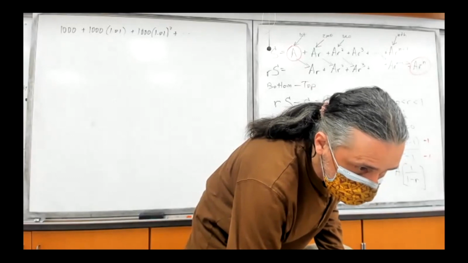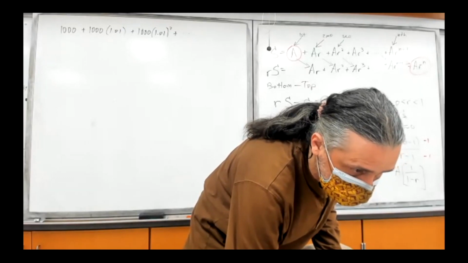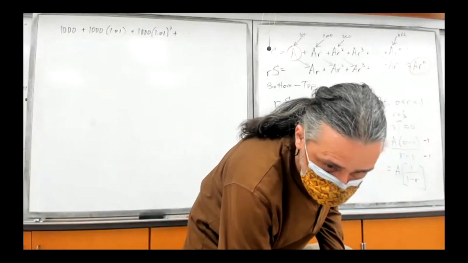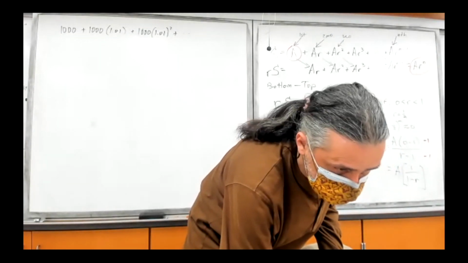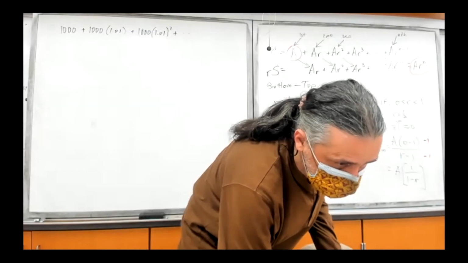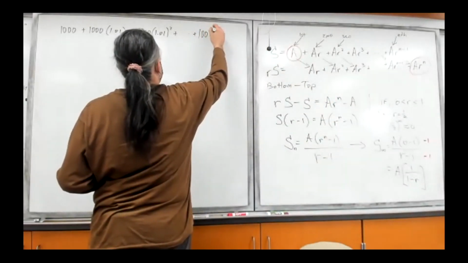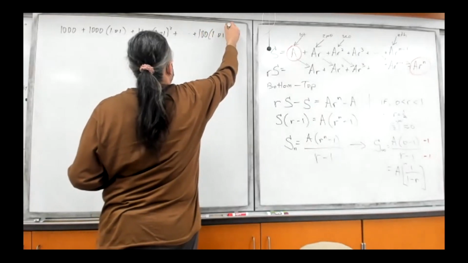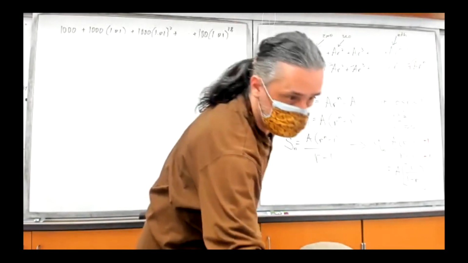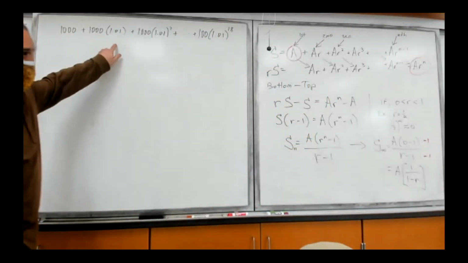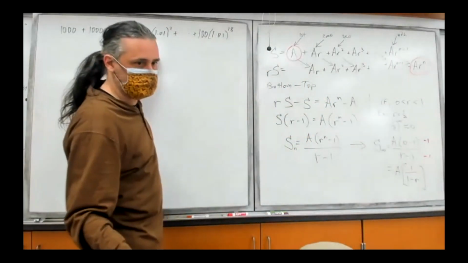Yeah, the sum of the first 19 terms, so when n is 19, we would get an exponent of 18. So the first term, the second term, the third term, again, the exponent is 1 less.